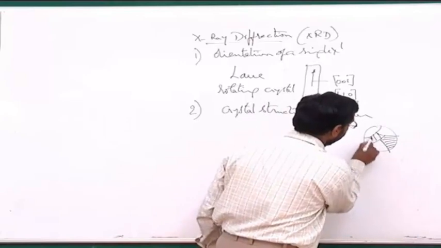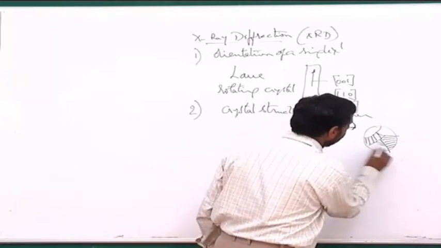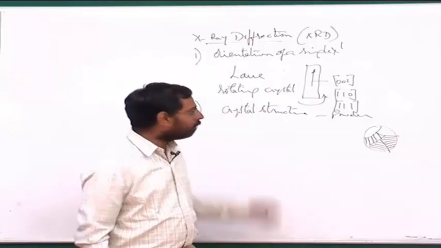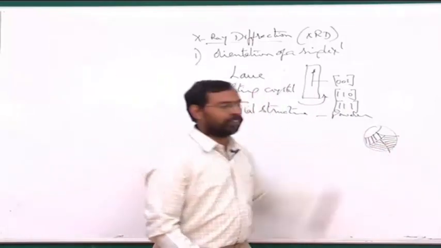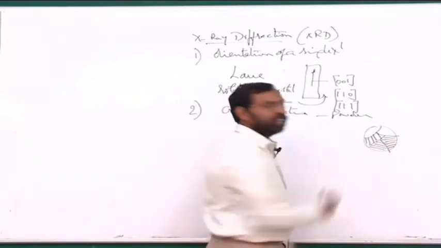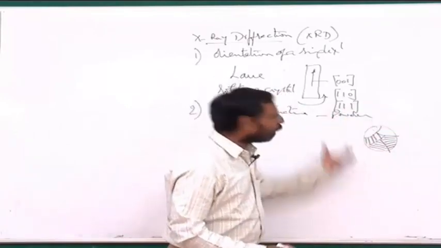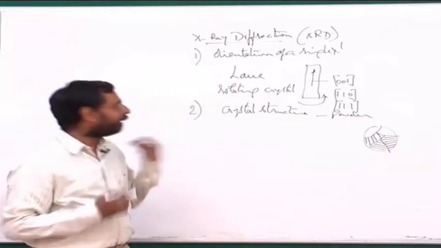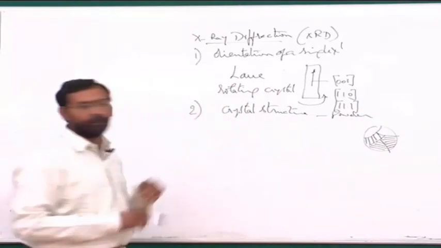The difference between each of the grains is that the orientation of atoms, the atomic planes, are different in each of these, but each of them is one single crystal. So this particular particle is composed of a number of single crystals. And in such a material, how do I find out the crystal structure?